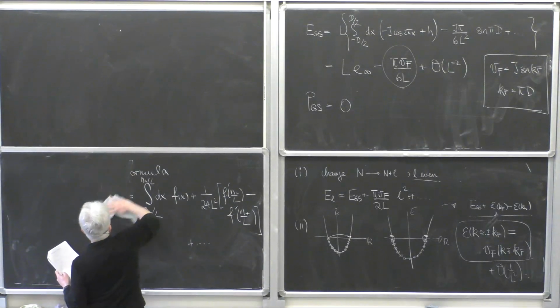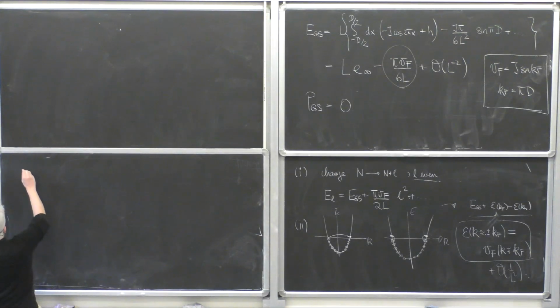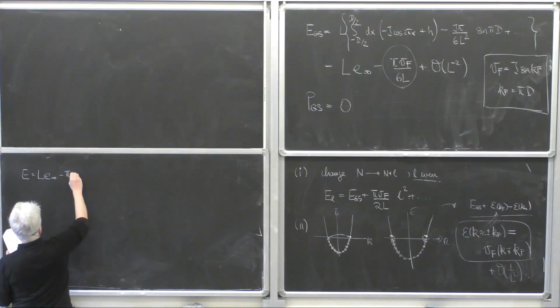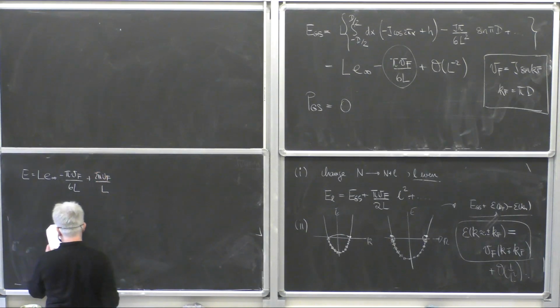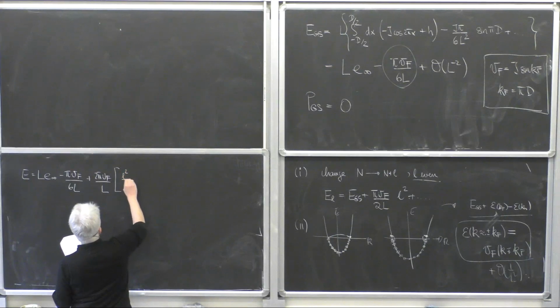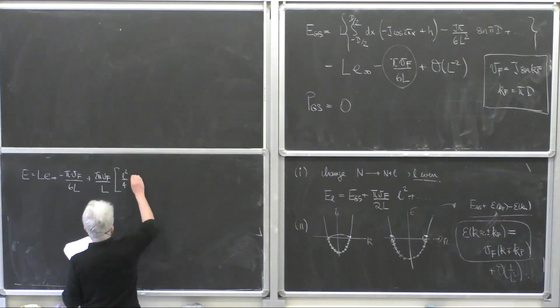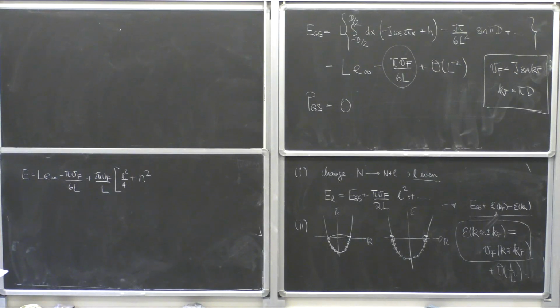Okay, so I'm going to write down now what is the finite size spectrum. It's very simple. So E is L E infinity minus pi Vf divided by 6L plus 2 pi Vf divided by L times (l squared over 4 plus n squared plus the sum over m equals 1 to infinity of m times (n_m plus n_minus m)), plus order 1 over L squared. Here l is the number of fermions I've added just at the Fermi sea, and n is the number of particle-hole excitations across the Fermi sea I make.